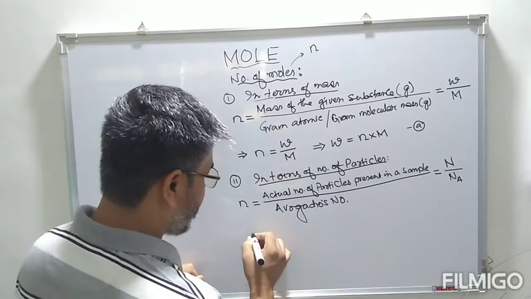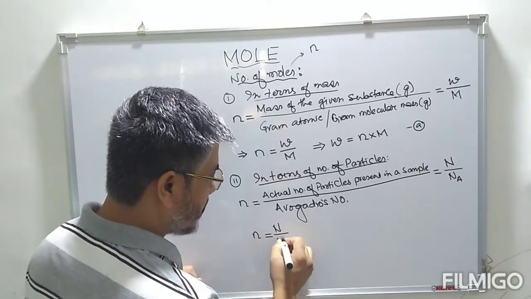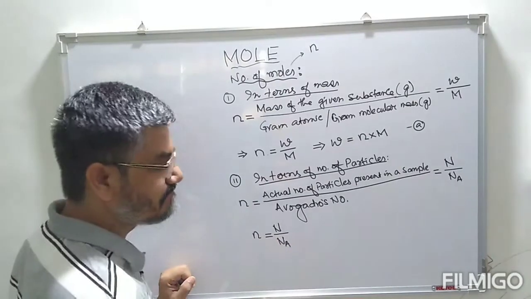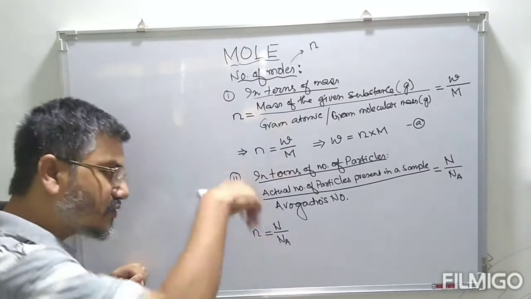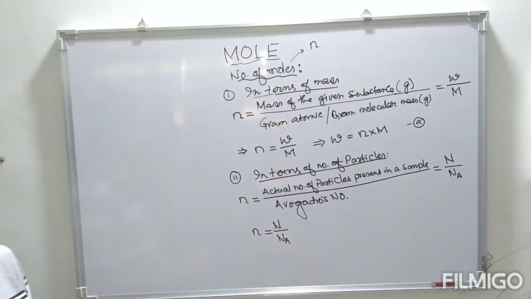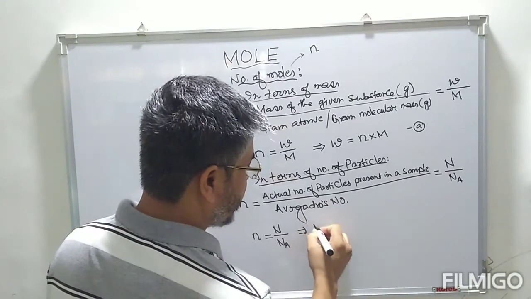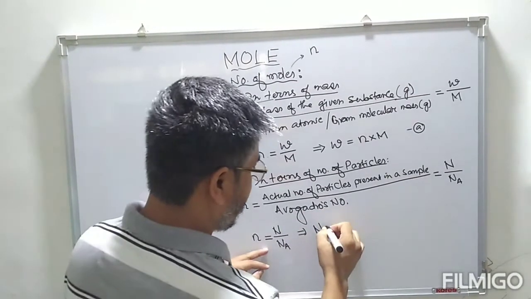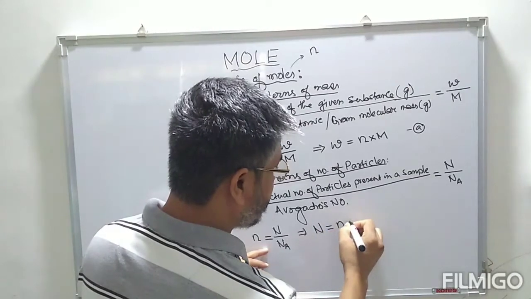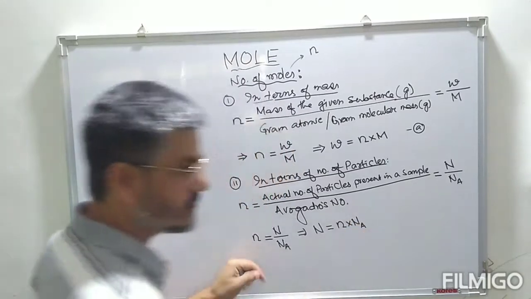So number of moles is equal to number of particles divided by Avogadro number. If number of moles is given, then we can also define how many particles are present. So number of particles present in any given sample is equal to number of moles into Avogadro number.